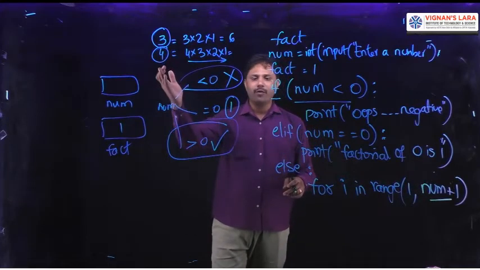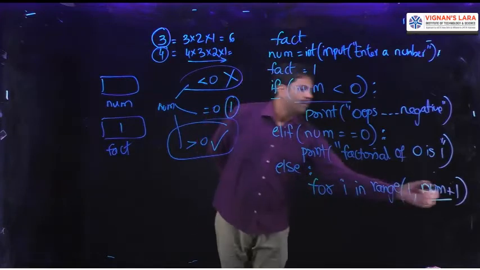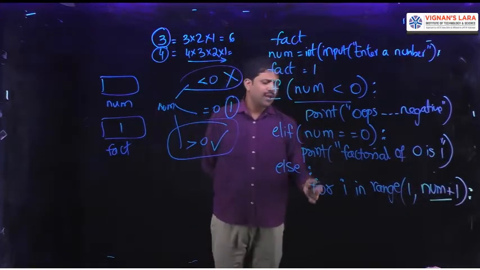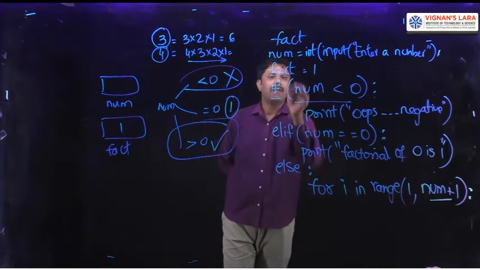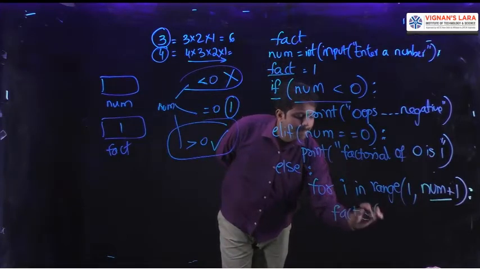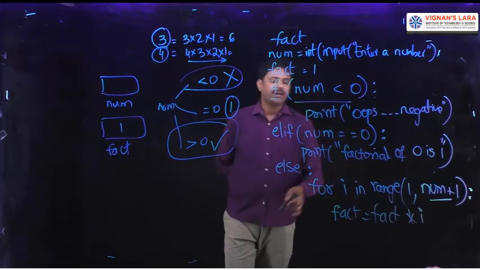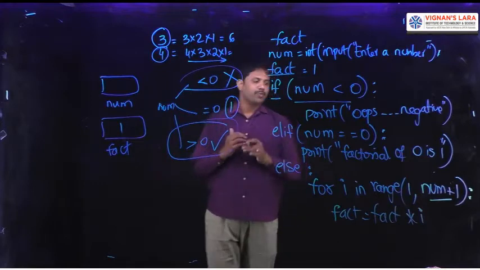If I want 4, you need 5 here. That's why num plus 1. Here, let's see the situation. I'm using fact here: fact = fact * i. Let us see how it is going to be performed.